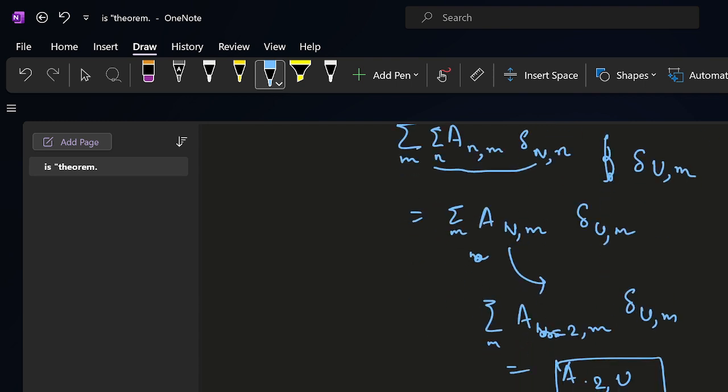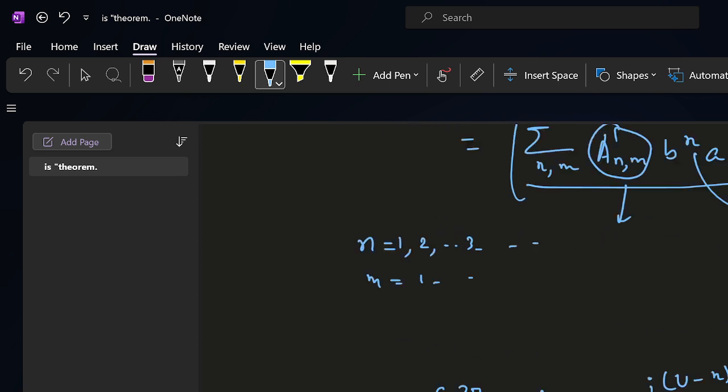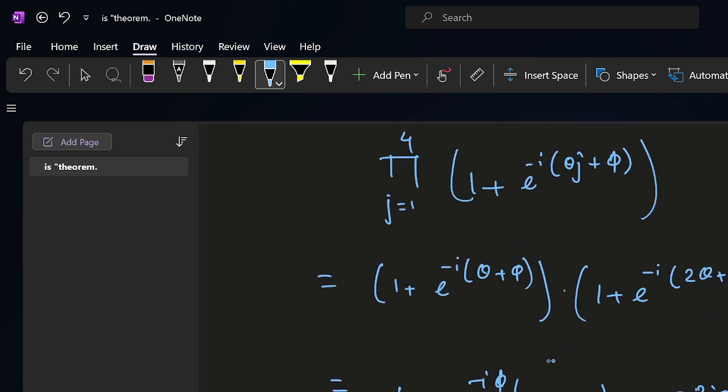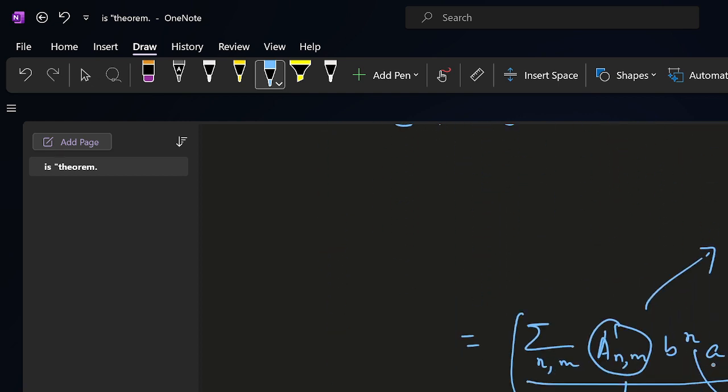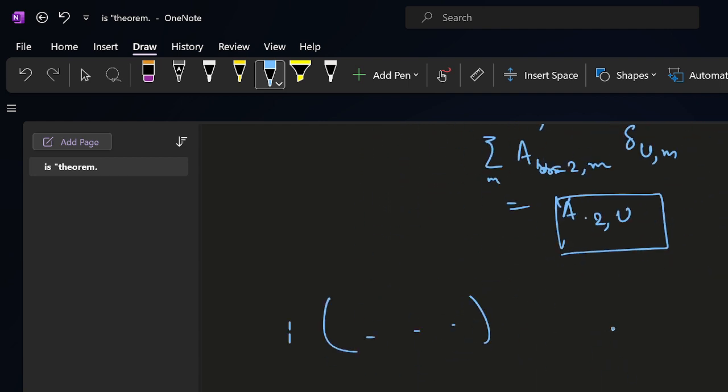And what was a? You have to remember the whole product we calculated, e to the power of i something. I told you that you have to disperse it out, and that was generally expressed as a term a of n comma m, where b to the power n and a to the power m. We said that b is equal to e to the power of minus i phi and a is equal to e to the power of minus i theta.